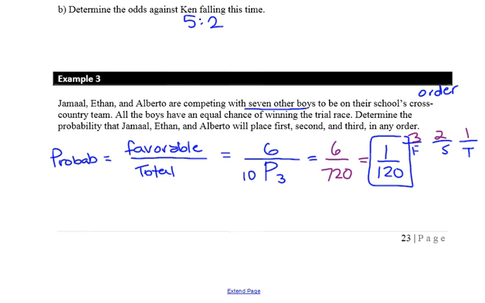Because they were going in first, second, third, we wanted them in specific positions, so order did matter. If we were just picking 3 boys randomly, and the position doesn't matter, then we'd use choose.